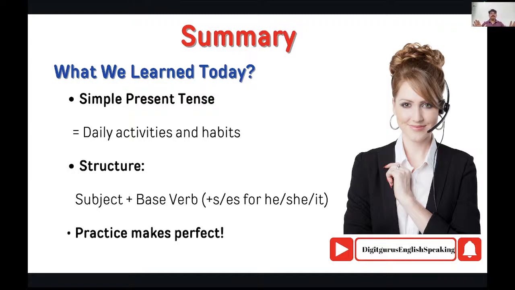He doesn't play football. This is a negative sentence. Doesn't he play football? Here the question is there and negation is also there. Therefore, it is called an interrogative negative sentence. So we have learned all these types in this session.